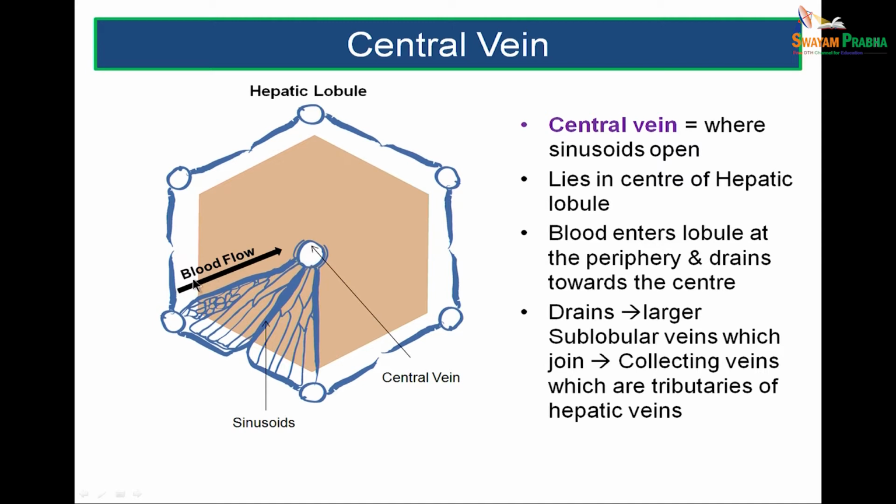So here you can see the arrow showing blood flow, and the central vein will ultimately drain into larger sublobular veins which join together to form collecting veins, and these are ultimately tributaries of the hepatic veins. Hepatic veins, we all know, drain into the inferior vena cava, which carries blood away from the liver towards the heart.